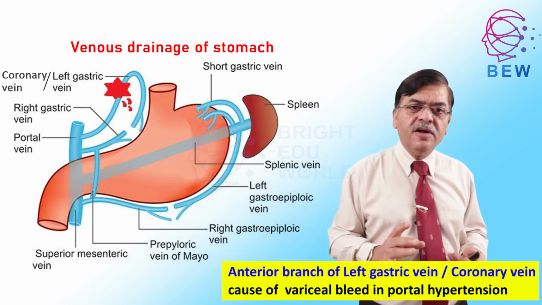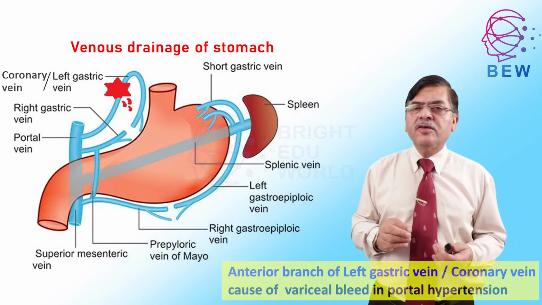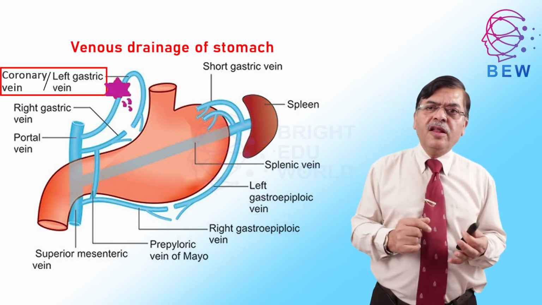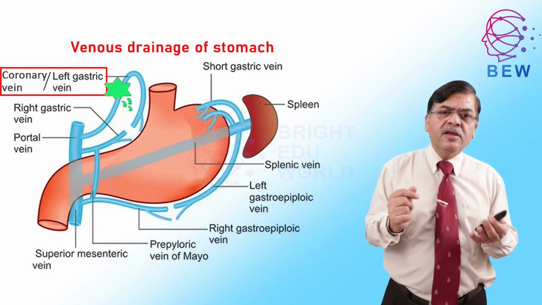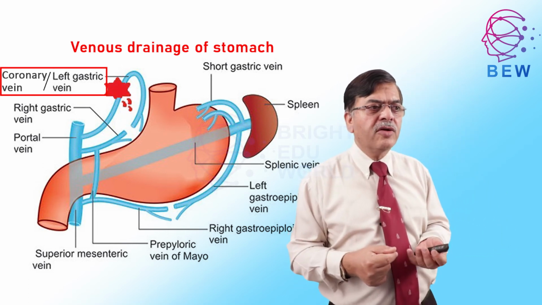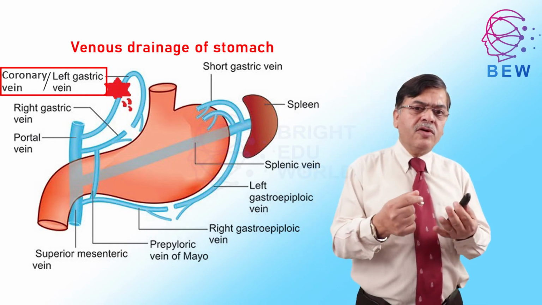So you should know about this, because this is the vessel which is the cause of that bleeding, and if you have to do an open surgery and do a devascularization, you must take care of this vein, because this is the one which causes maximum bleeding.